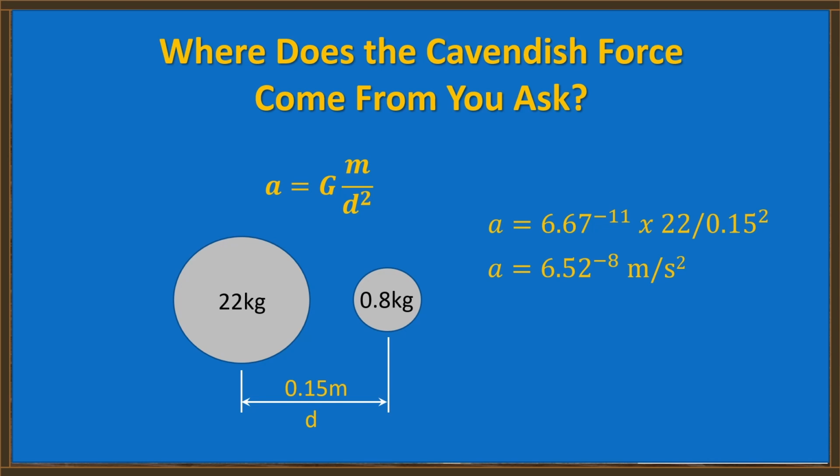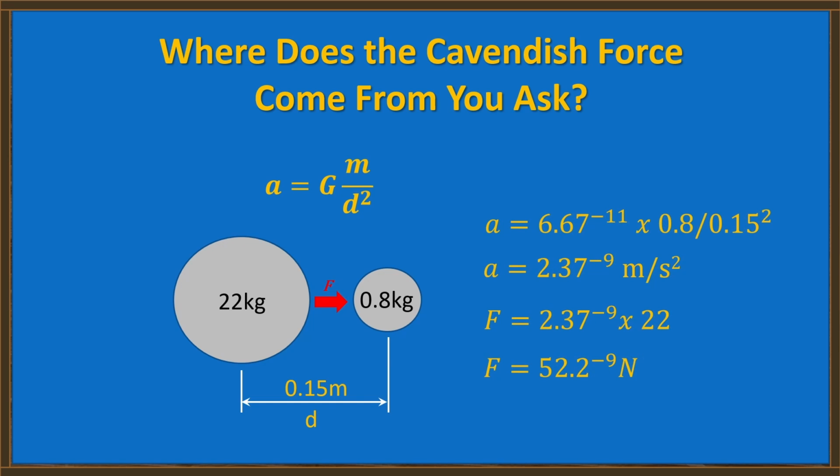Now, taking that acceleration into Newton's second law, we find a force of minus 52.2 times 10 to the minus 9th newtons. Notice the minus sign. This force has direction. I've decided that forces acting to the left will be negative and forces acting to the right will be positive. Well, what force is acting to the right? How about this one?